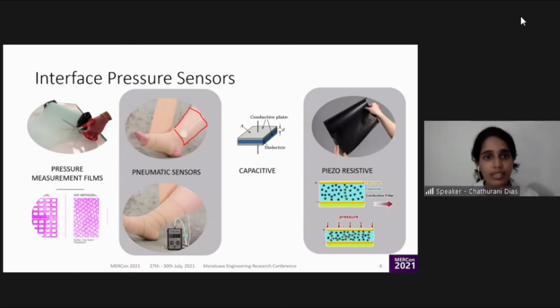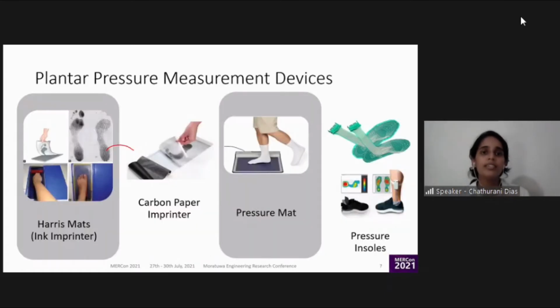Moving on from sensors, we can look at the different devices that are developed using these sensors. So we'll again start from the most manual methods and move into the electronic methods. The Harris Mat ink imprinting method has been used in clinical settings for quite some time.